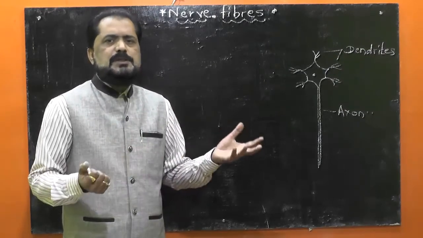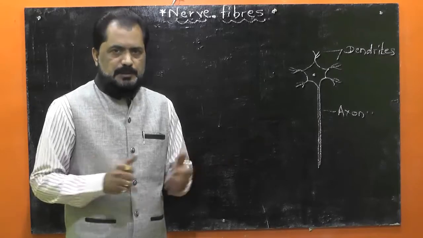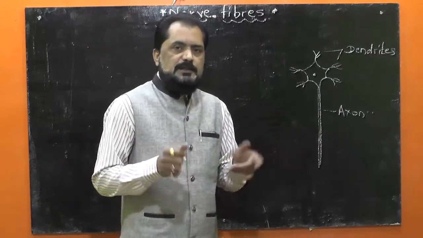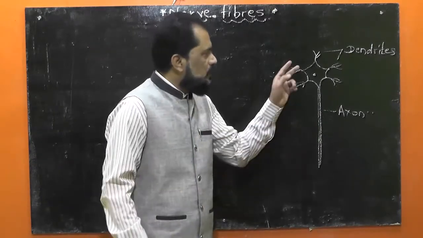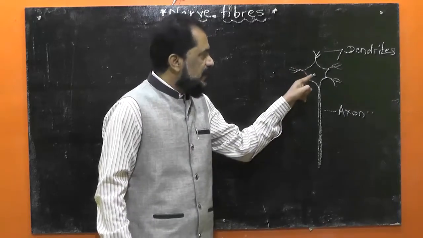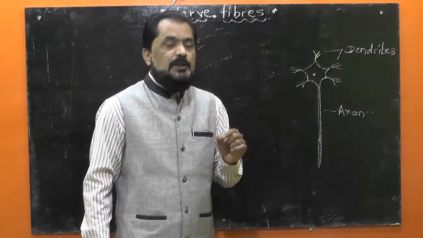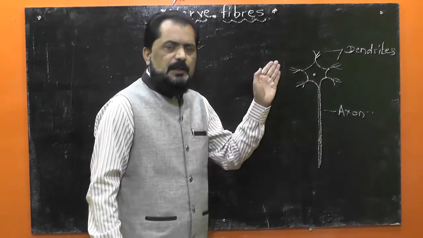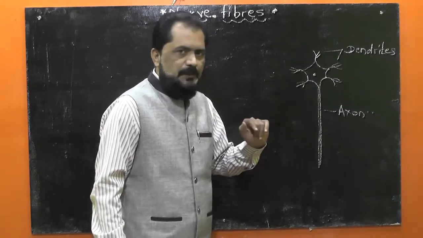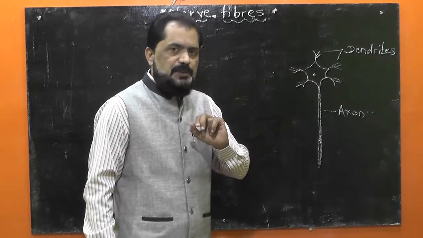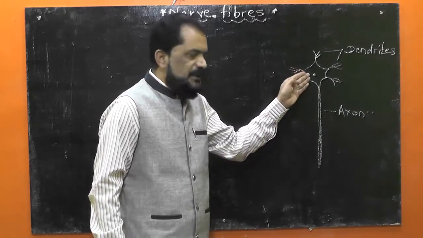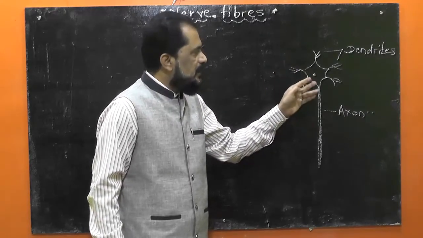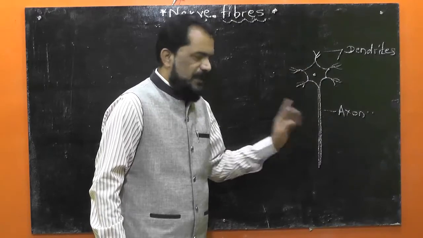But after all, what is nerve fiber? What are nerve fibers? Nerve fibers are nothing but the processes arising from the cyton or cell body of neuron. And here I have drawn, I have labeled, there are two main types of processes arising from the cyton of neuron, that is nothing but the dendrites and axon.